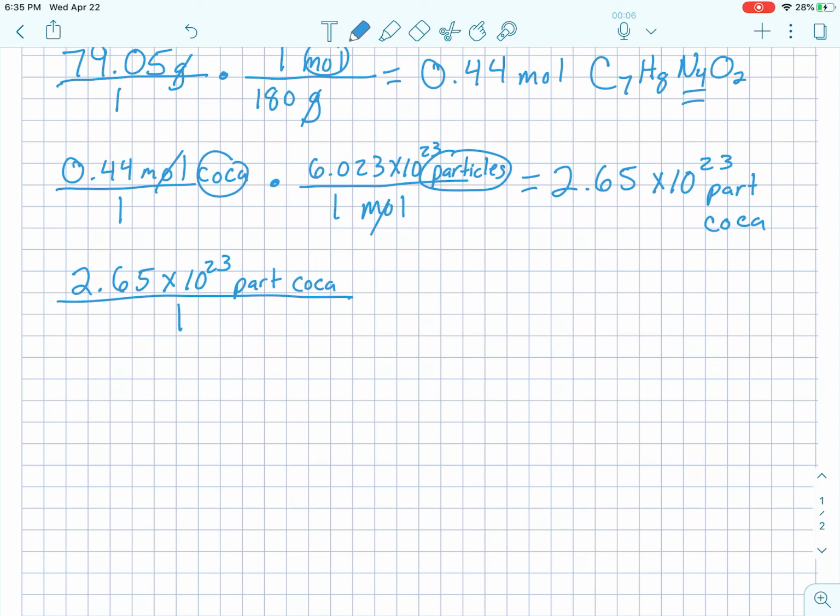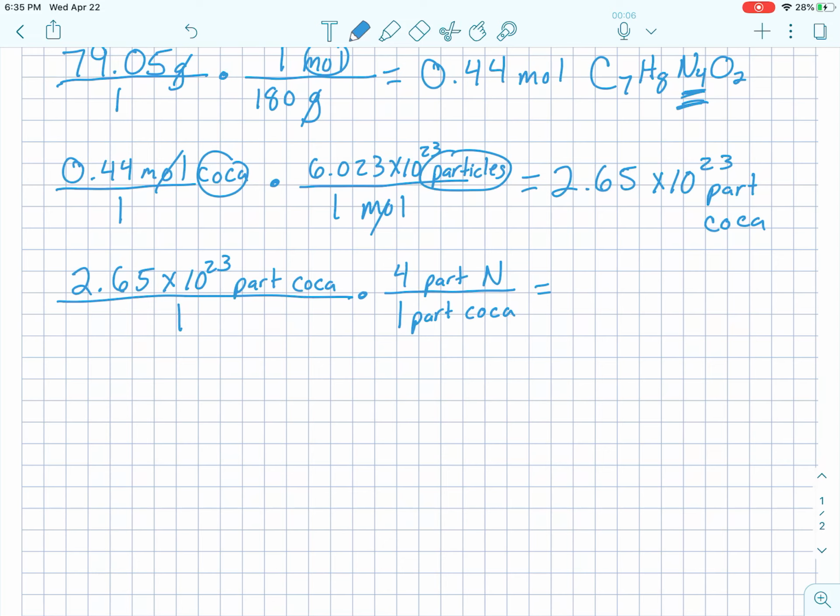And I'm going to put it over 1 because that was my given. And so now, for every 1 particle of the coca, I have 4 particles of nitrogen. Because in my formula, I have the 4 of the nitrogen.